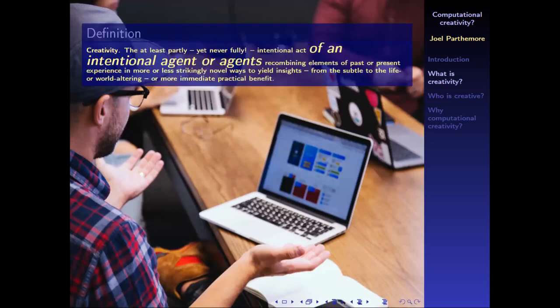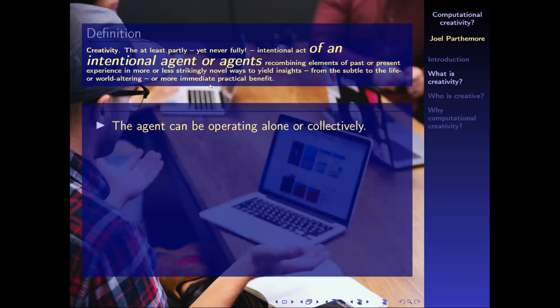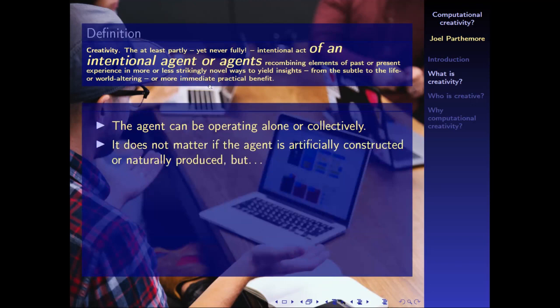The at least partly yet never fully intentional act of an intentional agent or agents. The agent here can be operating alone or collectively. You can have individual or collective creativity. It does not matter in my regard if the agent is artificially constructed or naturally produced.